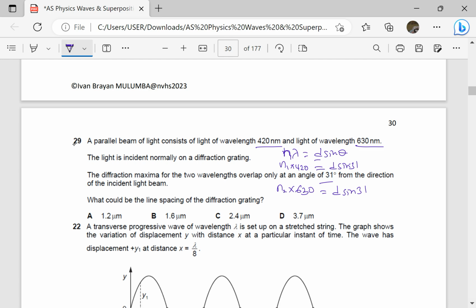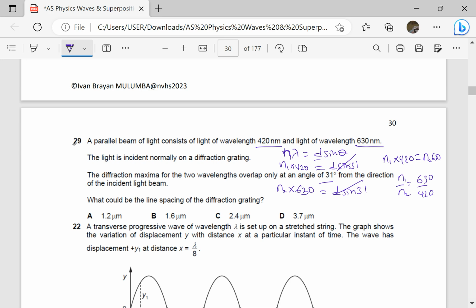That means that this part may cancel out, or if I equate the two parts, I have that n1 times 420 is equal to n2 times 630. So n1 over n2 is going to be equal to 630 divided by 420.